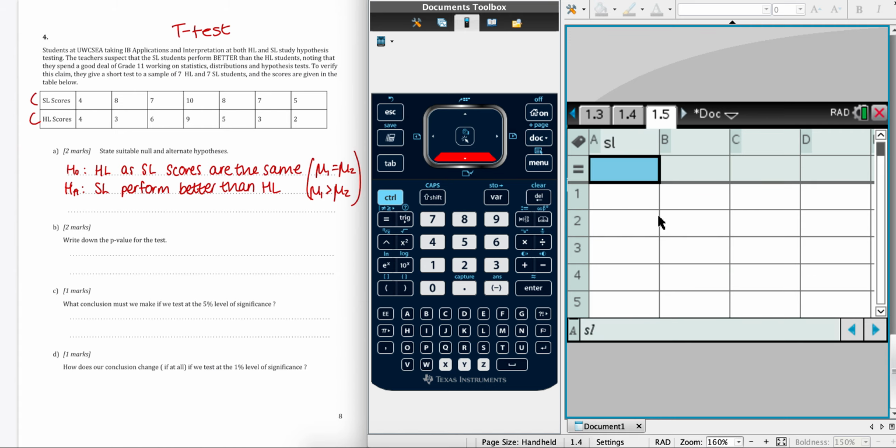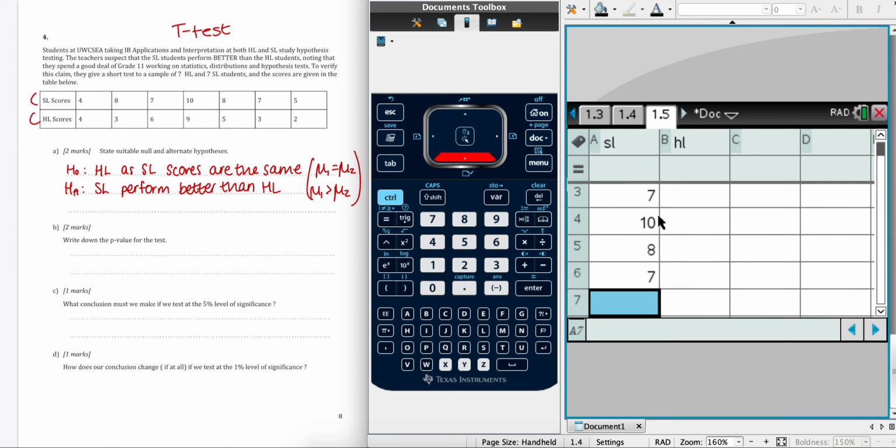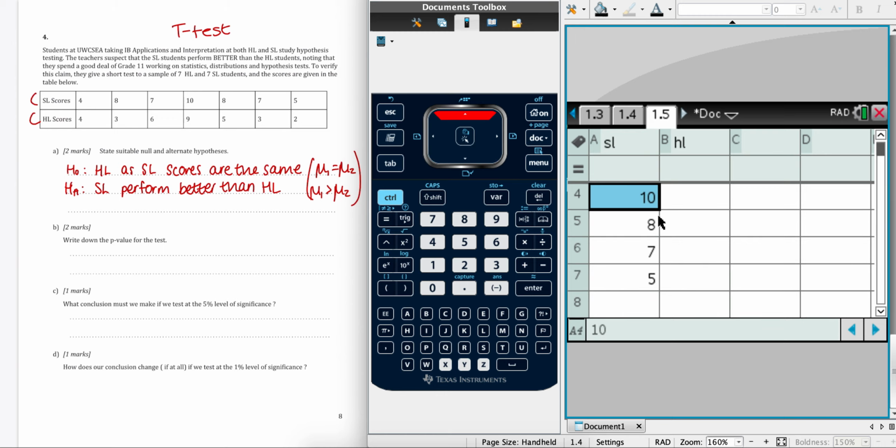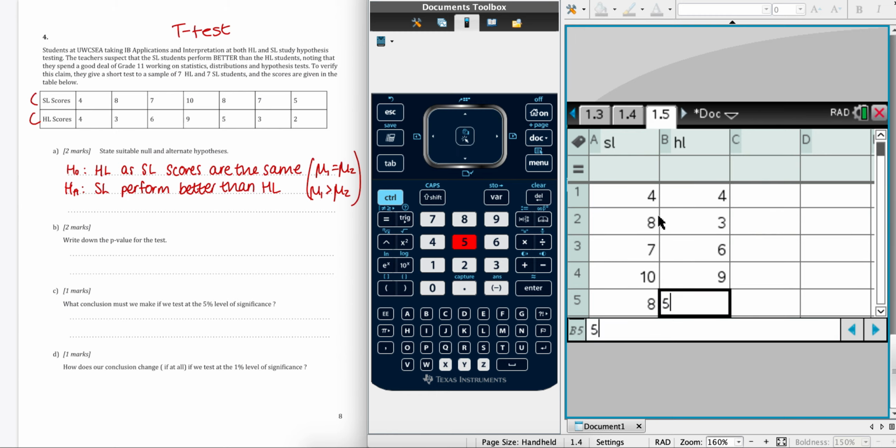So I've got my SL scores and I've got my HL scores. The SL scores are 4, 8, 7, 10, 8, 7, and 5. And then the HL scores were 4, 3, 6, 9, 5, 3, and 2.